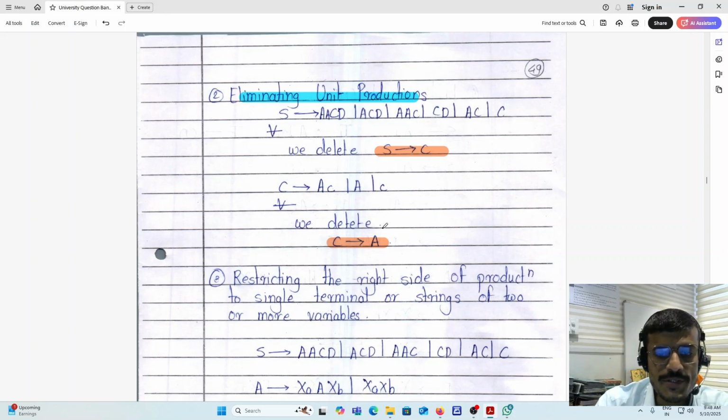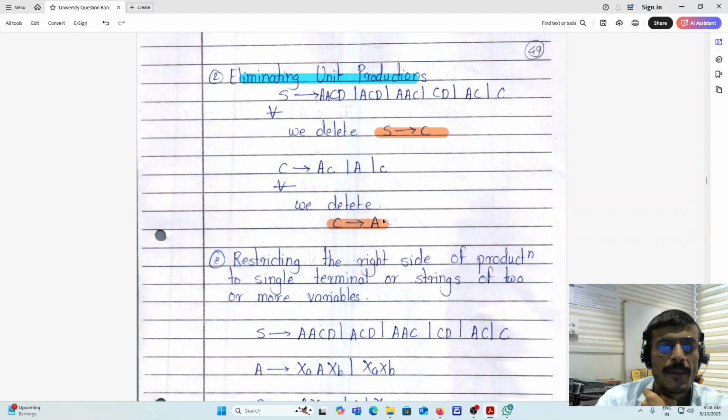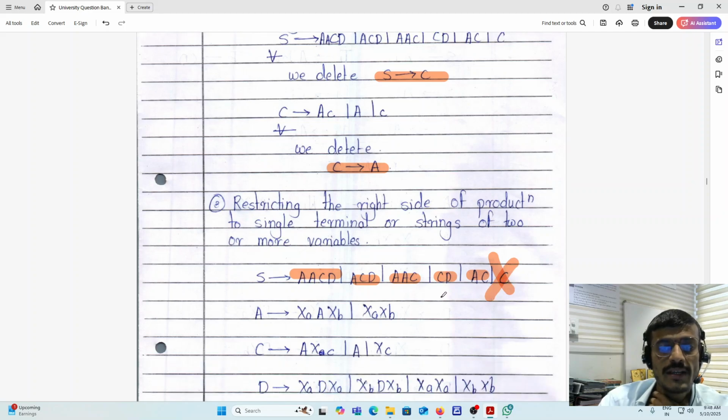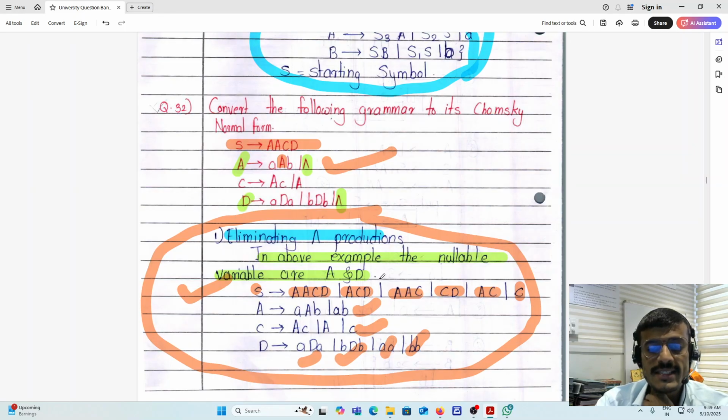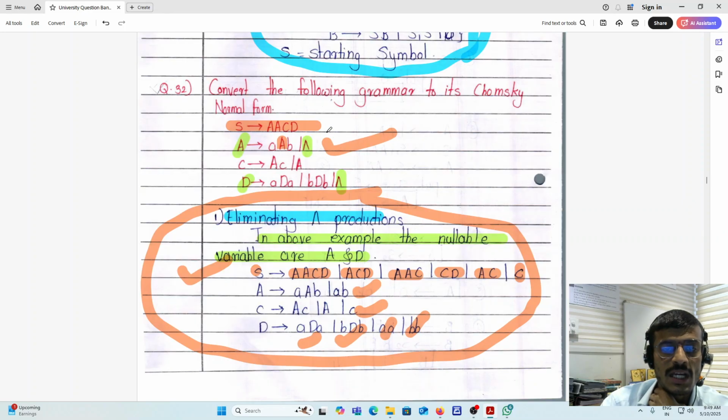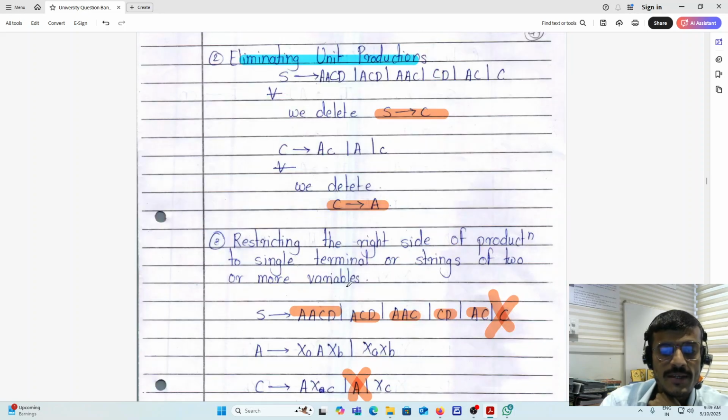So if you see, what to do: this AACD is as it is, ACD is as it is, AB is there, AC is there, CD is there, AC is there. This C has to be removed. Then in the last case also we have to remove this A. Now if you take the second production, A tends to AAB AB.